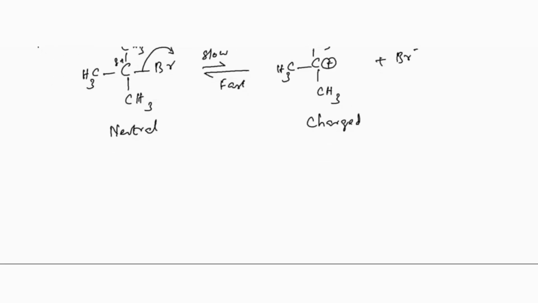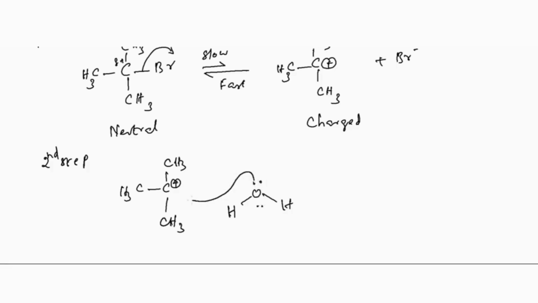In the second step, the carbocation is attacked by a weak nucleophile, like water. The lone pair of electrons on the oxygen attacks the carbocation carbon, and it forms this product.